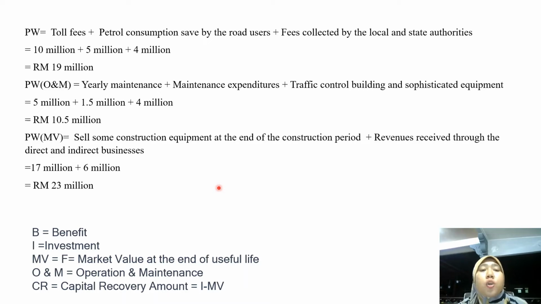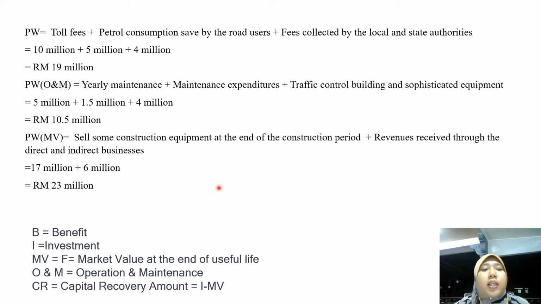The benefits are the toll fees, petrol consumption saved by the road users, and the fees collected by the local and state authorities, which is 10 million plus 5 million plus 4 million, so 19 million. Then we have to calculate the PW of O&M, which is operation and maintenance for the construction. We have to include the yearly maintenance expenditures and the traffic control and sophisticated equipment: 5 million plus 155 million plus 4 million.